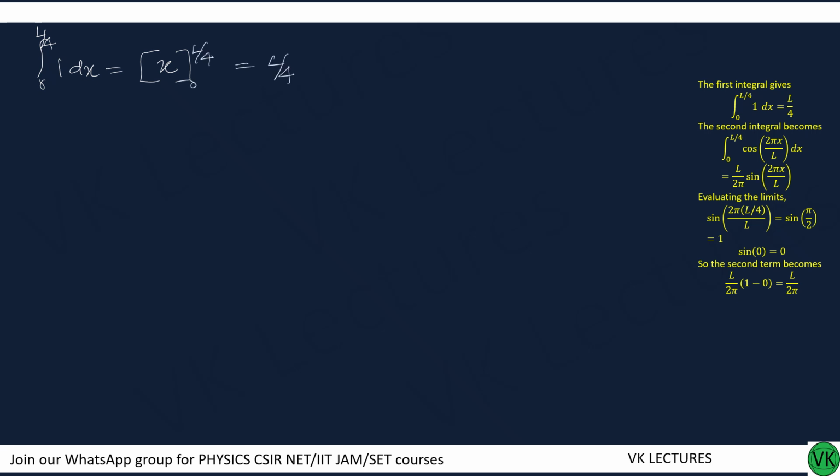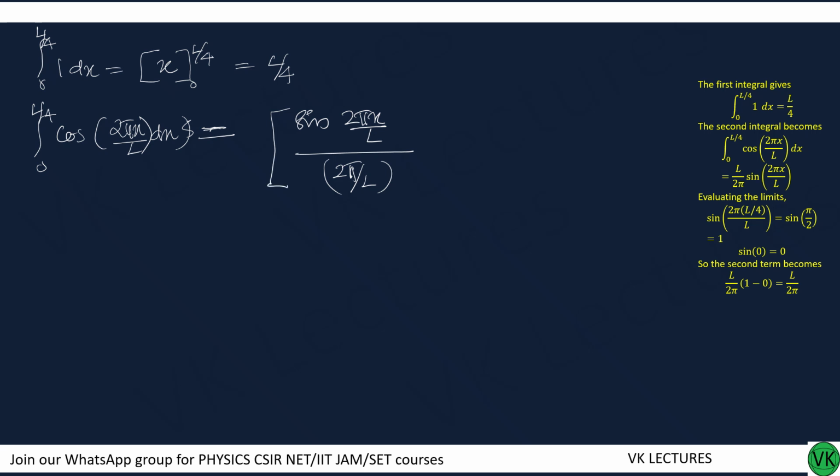And the second integral is from 0 to L by 4 of cos 2 pi x by L dx. What is the integral of cos? It will be sine only. So sine 2 pi x by L divided by the constant 2 pi by L, from the limit 0 to L by 4.